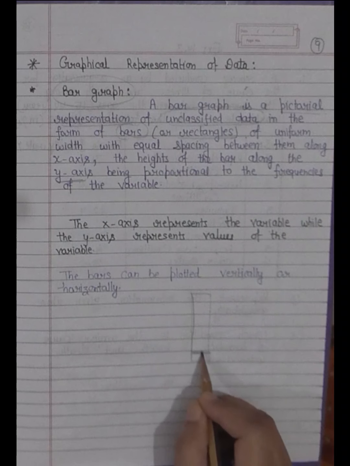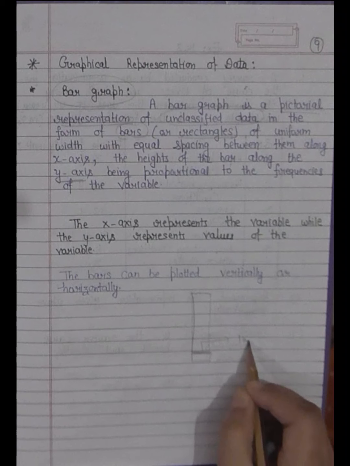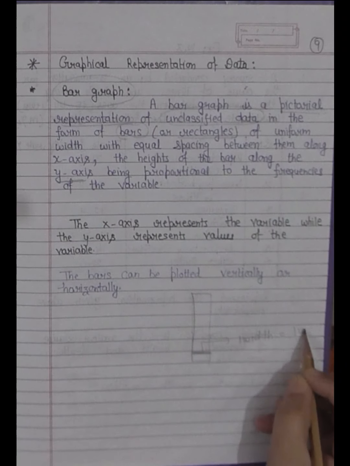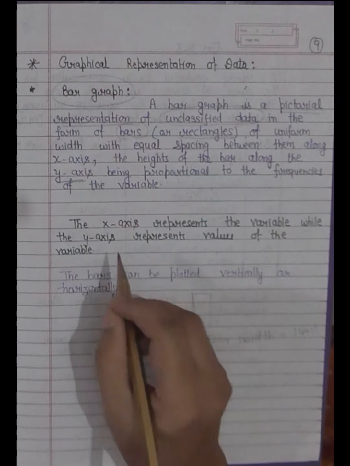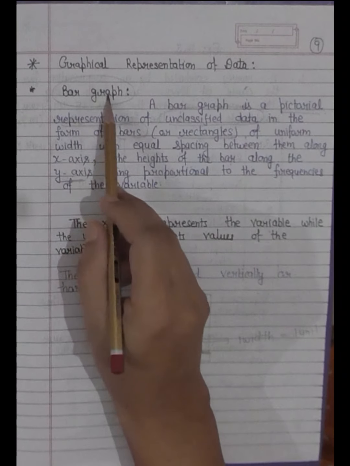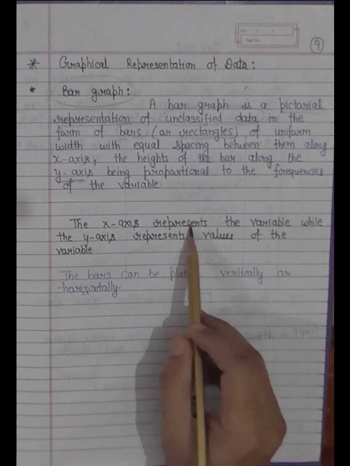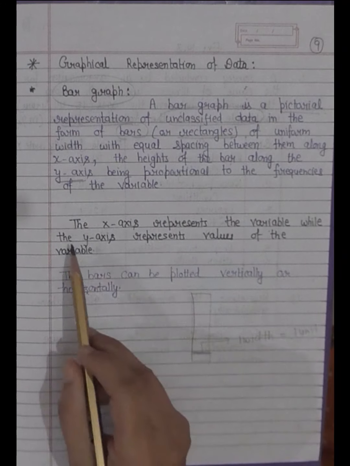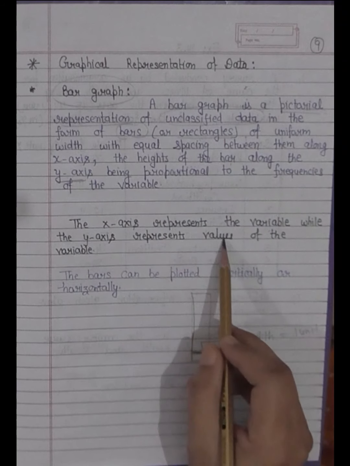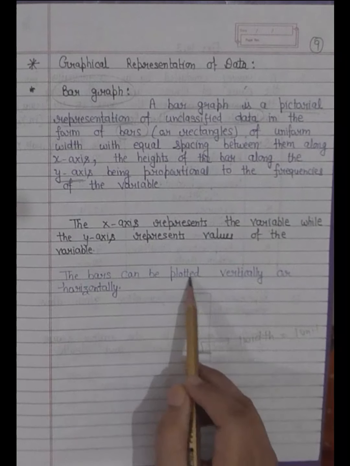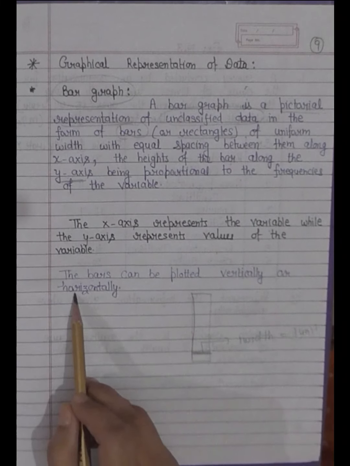Here uniform width means we will take it as 1 unit. So this is a bar graph. The x-axis represents the variables while the y-axis represents the values of the variable. The bars can be plotted vertically or horizontally.